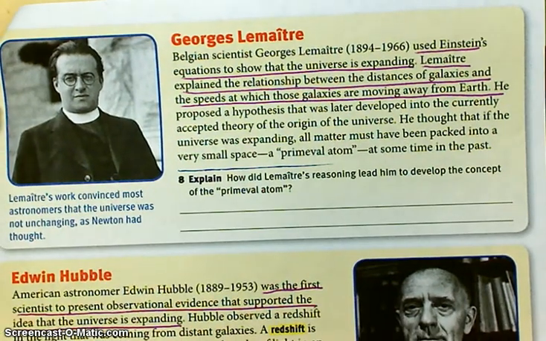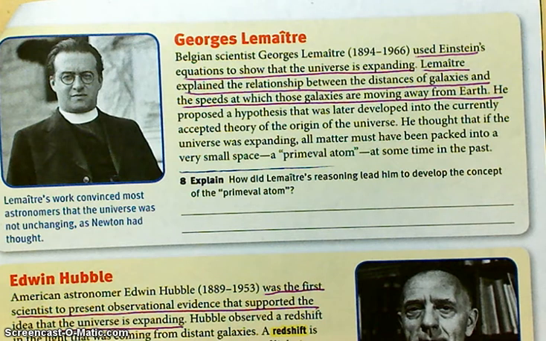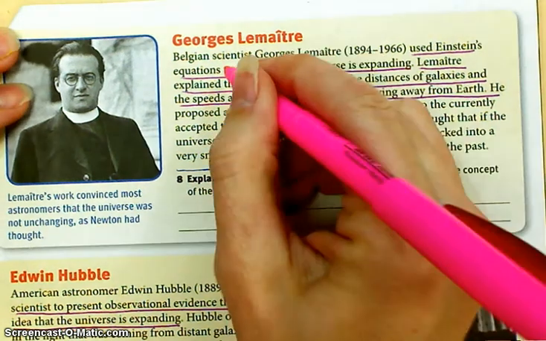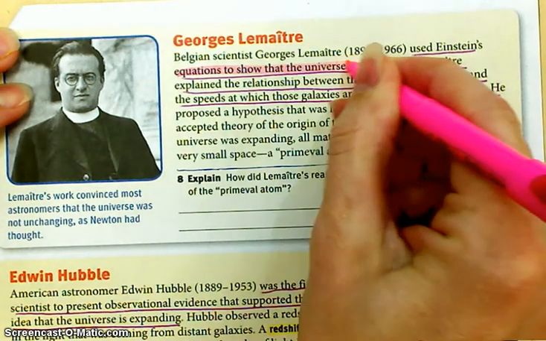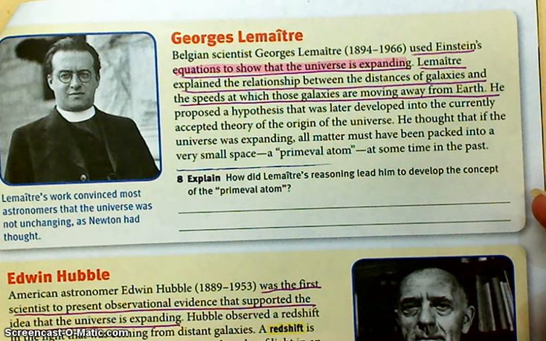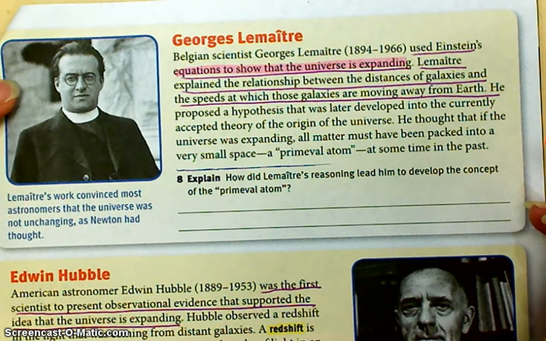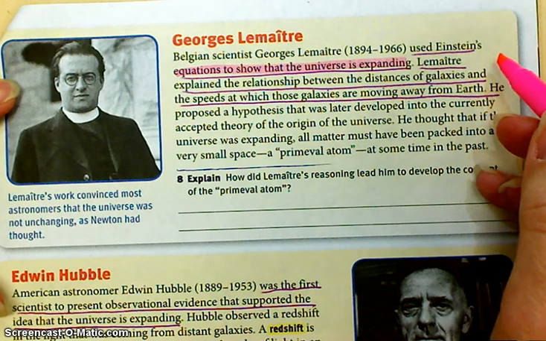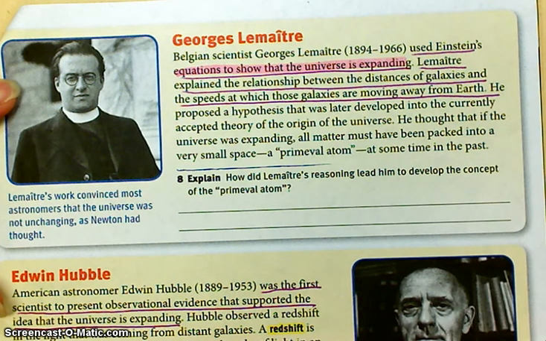You have Belgian scientist Georges Lemaitre used Einstein's equations to show that the universe is expanding. Okay. Previous to this, we sort of thought that the universe was sort of static, meaning it was not changing. Okay. But Lemaitre explained the relationship between the galaxies, the distance of the galaxies, and the speeds at which those galaxies are moving away from Earth.